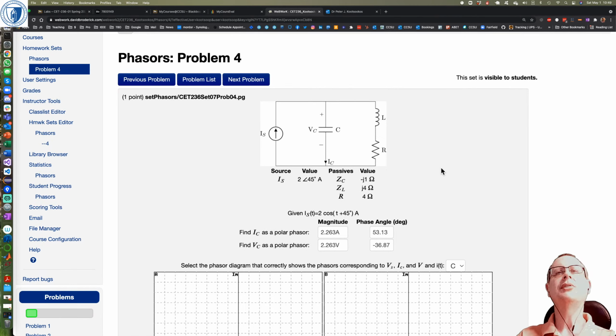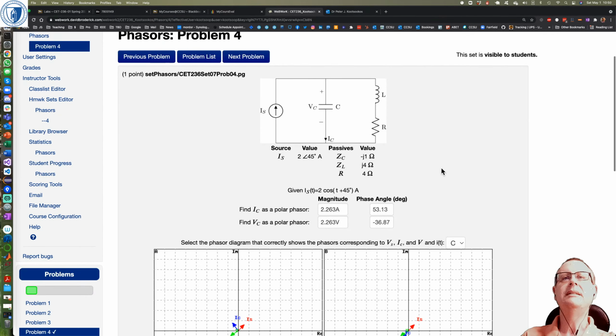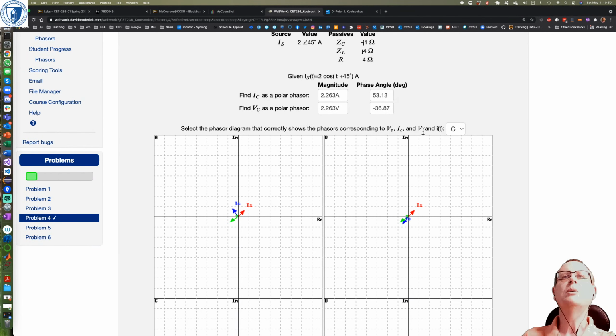And the current source is 2 cosine(t plus 45 degrees), so omega is 1. We don't really need omega anyway because we're given the impedances ZC and ZL directly rather than their capacitances and inductances. And so we've got to get IC as a phasor and VC as a phasor. Okay, and then select the polar diagram that correctly shows them.